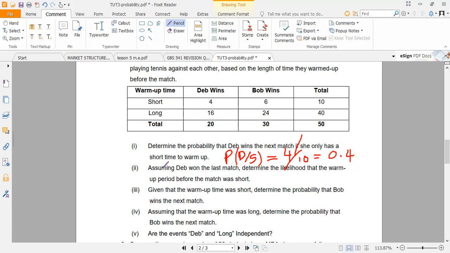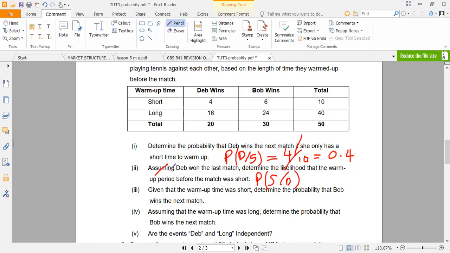So when you see the words assuming or if, you know that means a slash. Assuming Deborah won, so slash D. Determine the probability that the warm-up before the match was short, so S. I repeat, the words if, assuming and given that all stand for a slash.